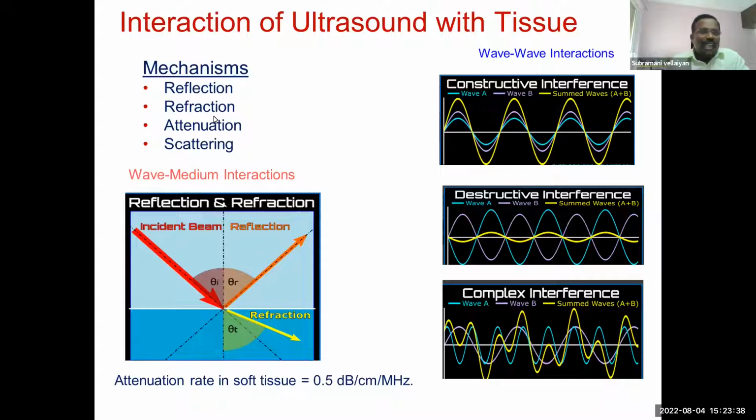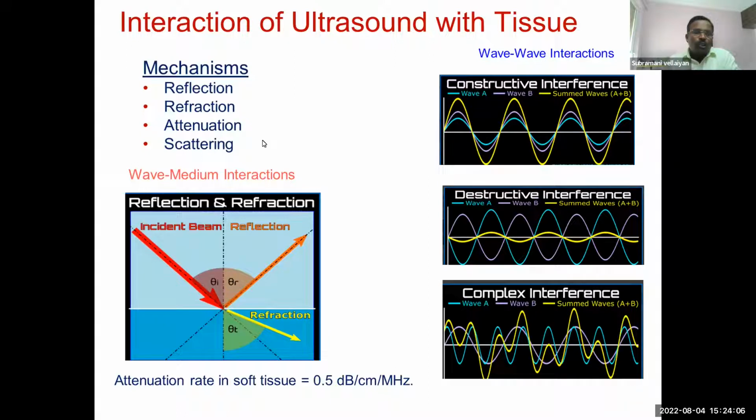Reflection is when the incident beam strikes a boundary and changes direction or is redirected. When the incident beam changes from its original direction by a small angle, that's called refraction.